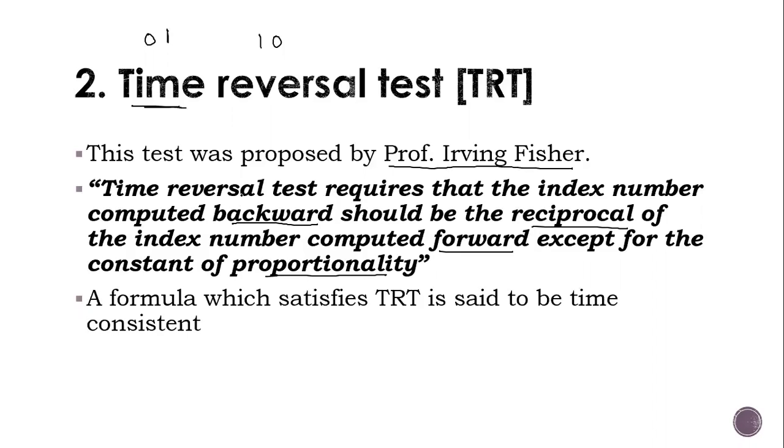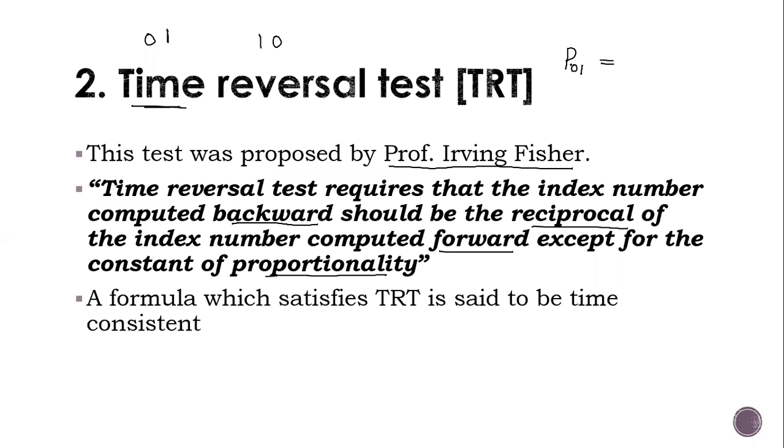So in simple terms, according to Professor Fisher, when we consider an index number with the prices of the base and the current year, it should be such that the resulting index number is the reciprocal of the earlier one. That means it should be interchanged.